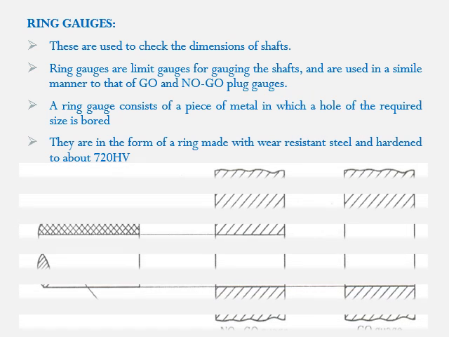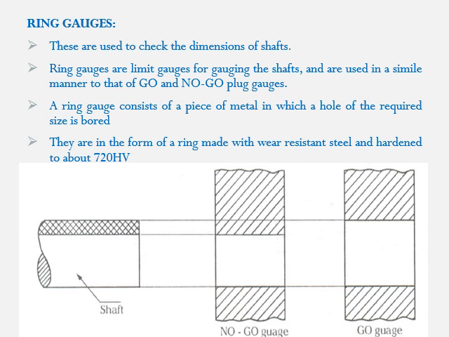A ring gauge generally consists of a piece of metal in which a hole of the required size is bored. They are in the form of a ring made of wear-resistant, hardened steel to about 720 HV.